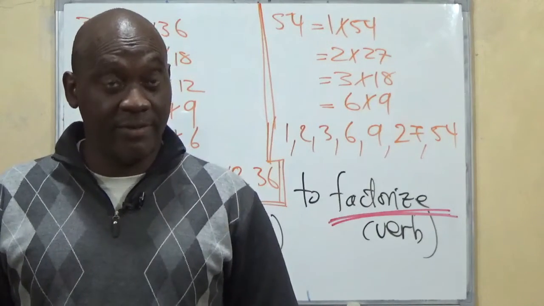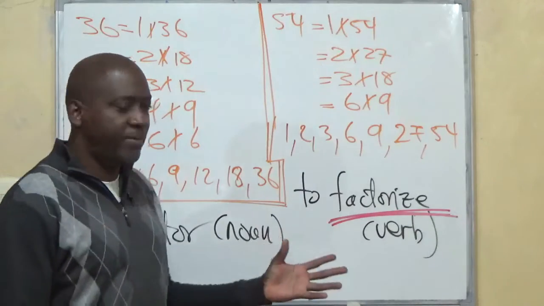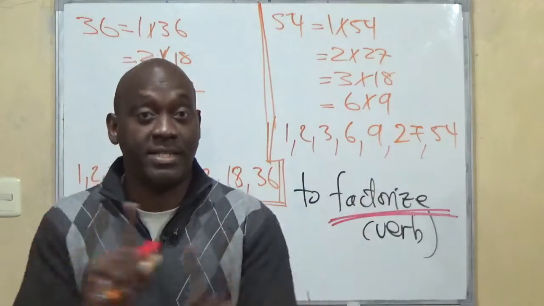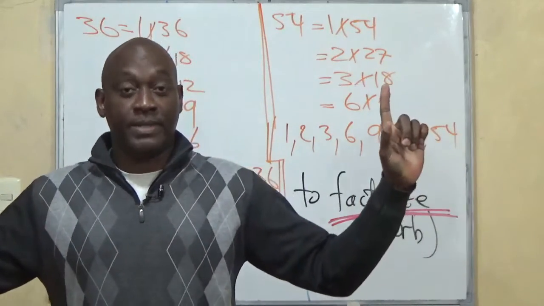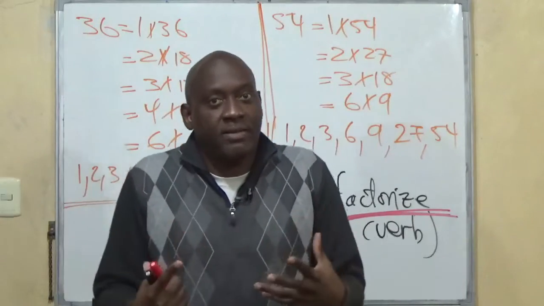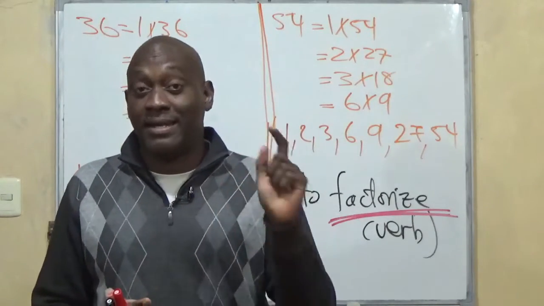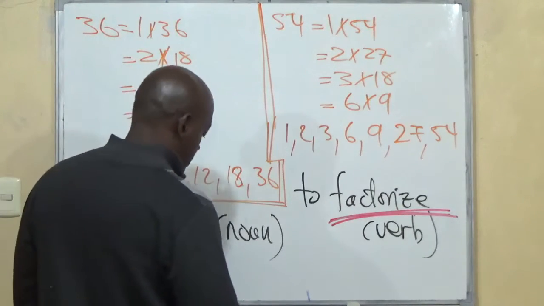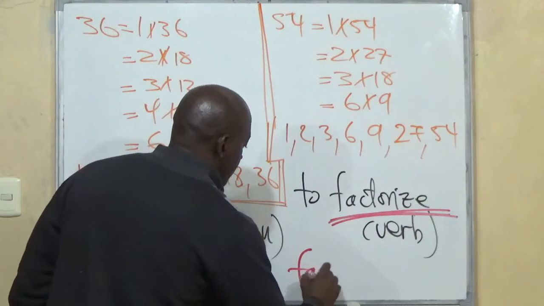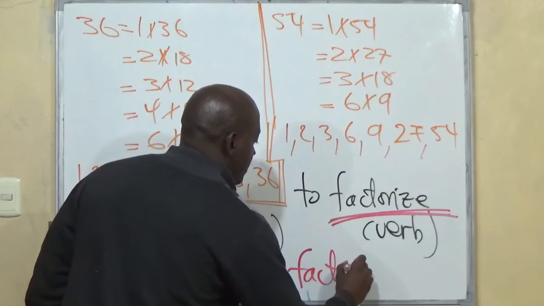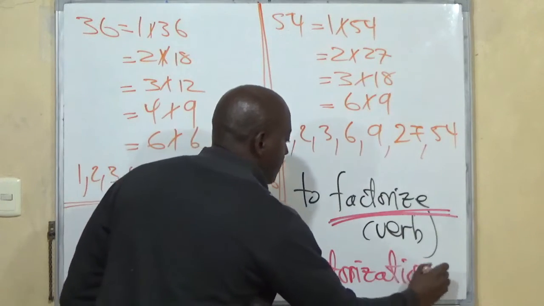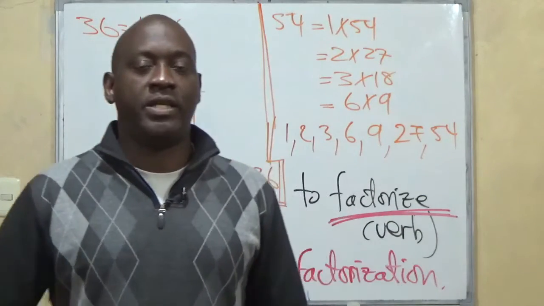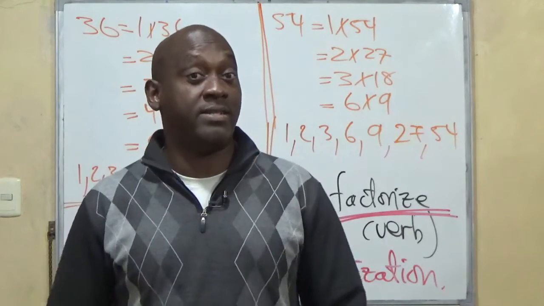And in the same way that when we multiply, we have a process that we describe as multiplication, when we factorize, we have a process. The process is called factorization.